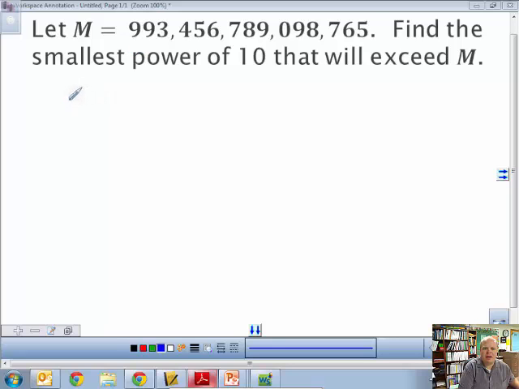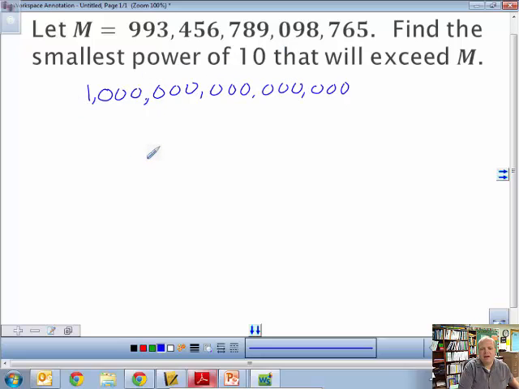Well, if I write it out, I could write 1 and put all these zeros here. Okay, I need 1, 2, 3, 4, 5 sets of zeros. I need one more.